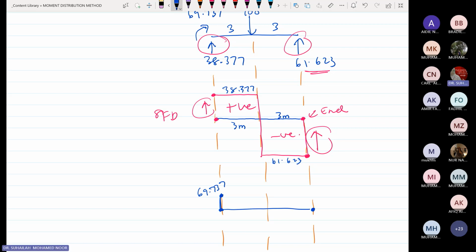What do you get? 69.737 plus the area, 38.377 times 3. 184.868. 184.868.